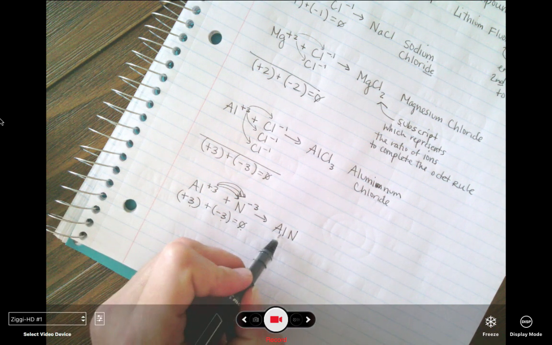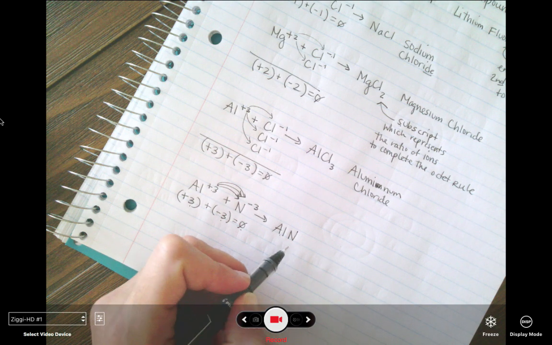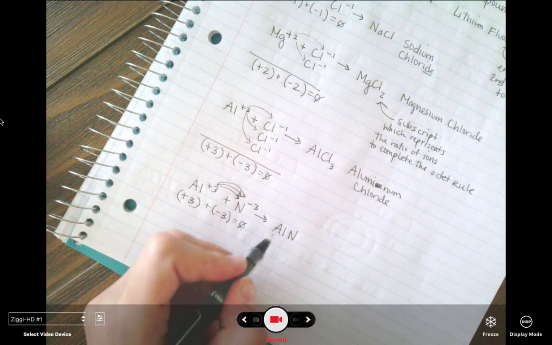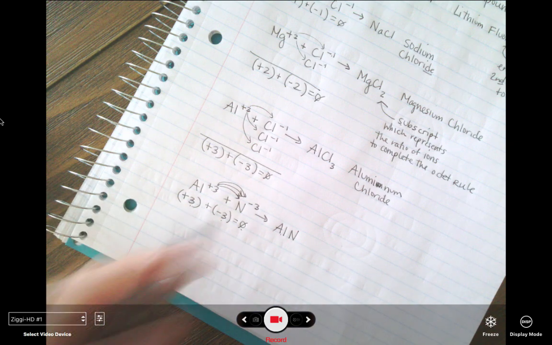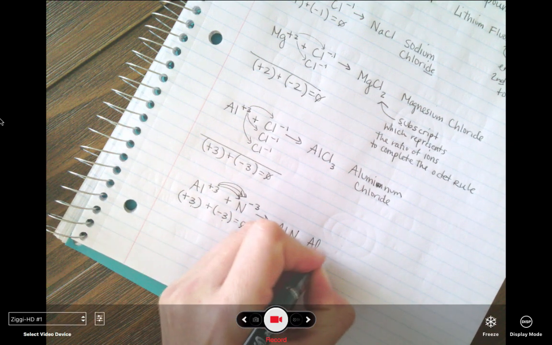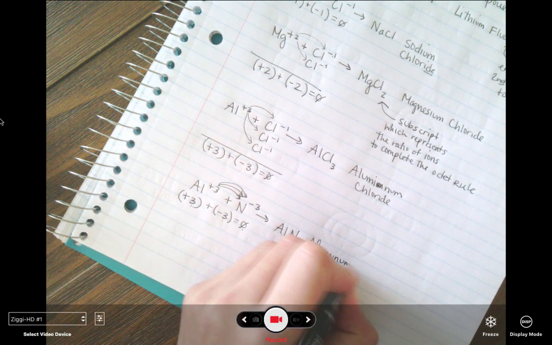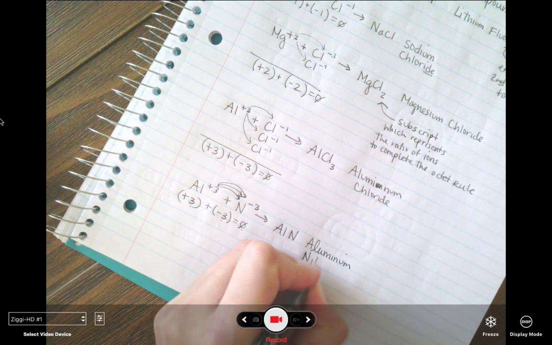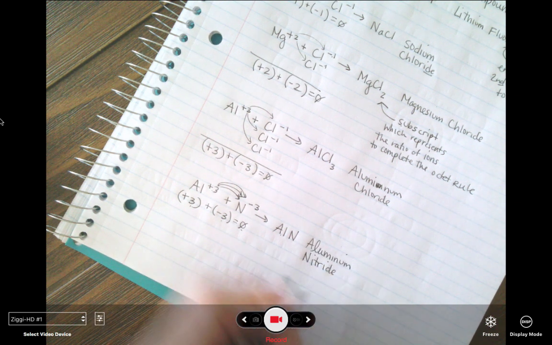So it took 1 aluminum to transfer all the electrons to 1 nitrogen. So again, this is just a ratio of what it took to cancel the charges or complete the octet rule. And this is called aluminum, instead of nitrogen, it's nitride. Again, just change the ending of the second element to "ide."